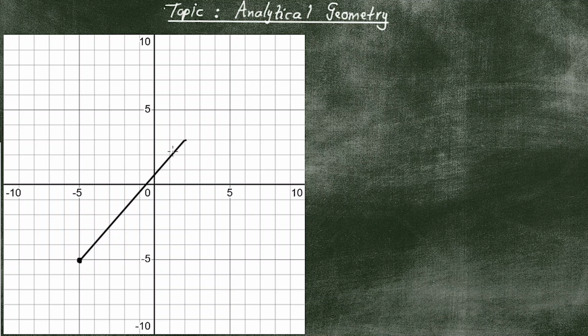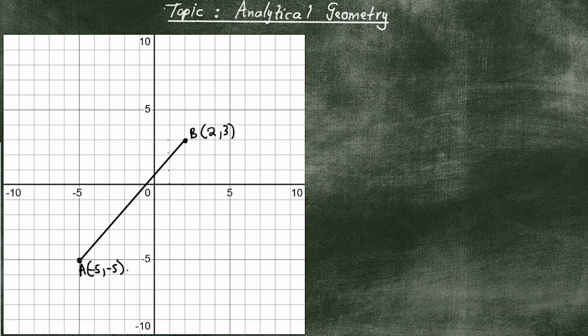Alright, so let's call this point A, and let's call this point B. So it's 1, 2. So the x coordinate of A is 2. 1, 2, 3. So it's going to be A (2; 3), and then B (-5; -5).